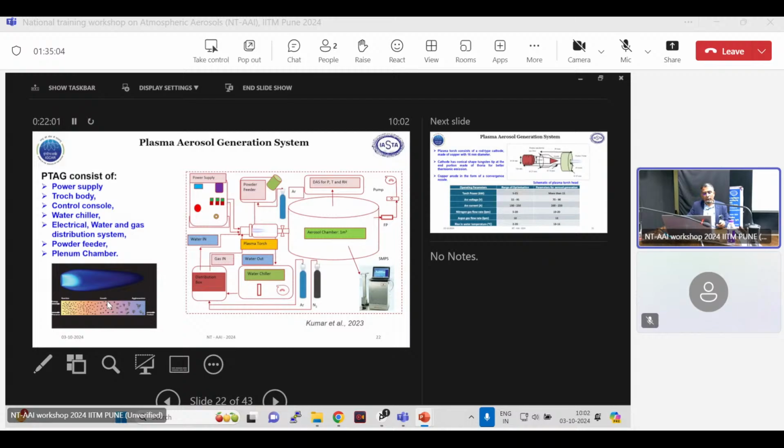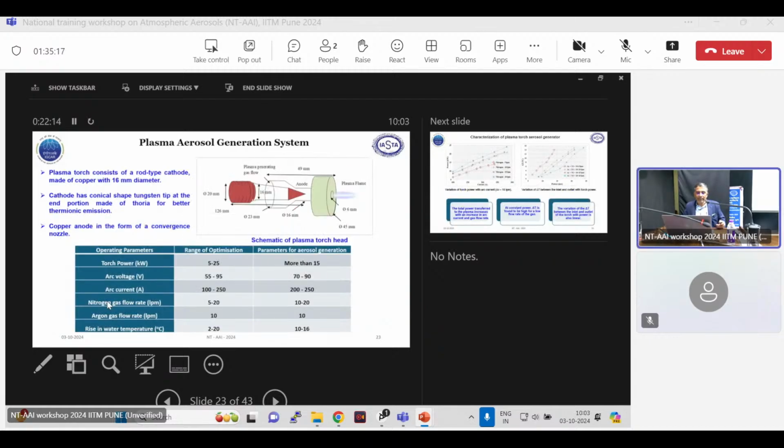The generation method of aerosol is evaporation, then nucleation and condensation. And if the concentration of particles is more than 10^5 or 6, then agglomeration will take place. Then this is the plasma torch body, which is made of the cathode and electrode, and they are inserted in this conical anode, and the distance between the anode and cathode is kept as minimum, so that the plasma spark can take place.